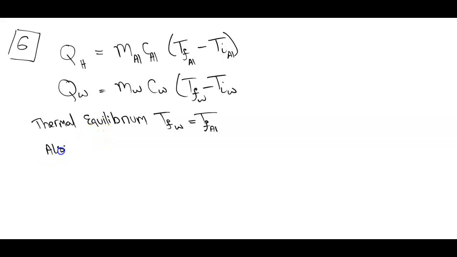Also, when that is the case, then we know that the hot surface energy plus the cold surface energy add up to 0. That means that the energy that the hot surface lost was gained by the cold one, or vice versa. So since we have that equation, let's plug in what we know.